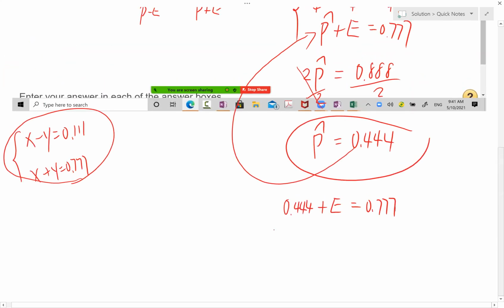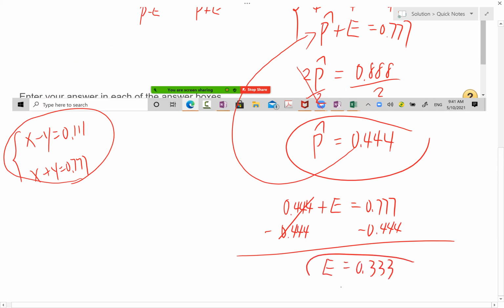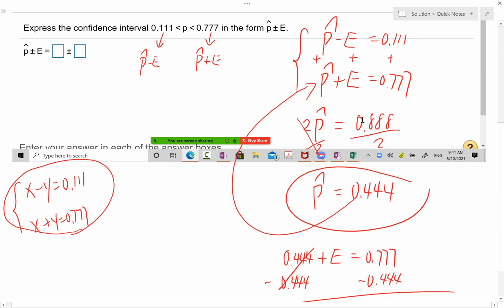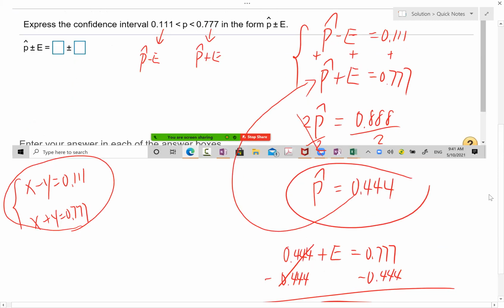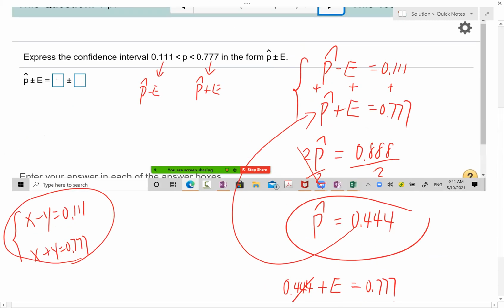So subtracting 0.444 from both sides of the equation, that will do it. Cancel the number, margin error equal to 0.333. Okay, so you find both. So basically just using some algebra, right? You'll be able to get this fairly quickly. So 0.444, that's one, and 0.333.